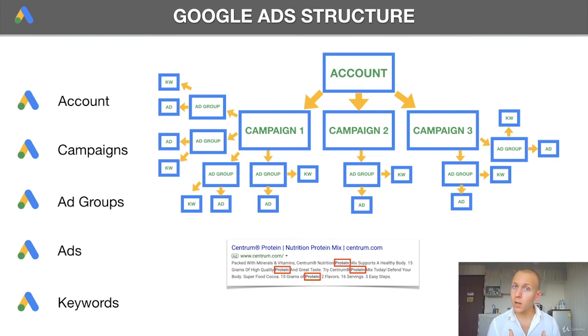But if you're a smaller business, then maybe you want to divide them up by different campaigns being different cell phones, right? So by understanding the hierarchy, the structure of Google Ads, that allows you to understand how to organize your own ads as we go.